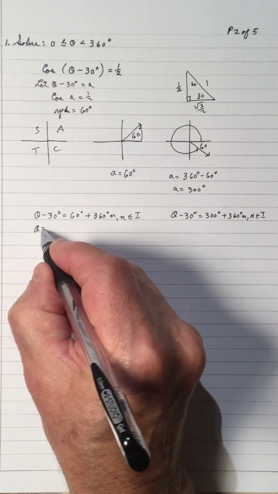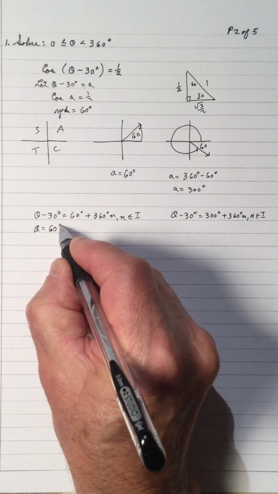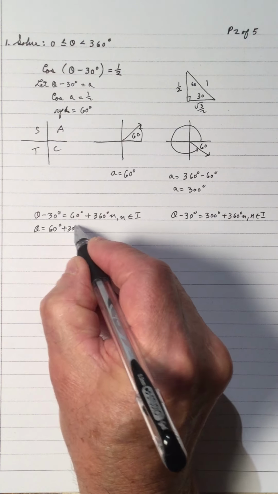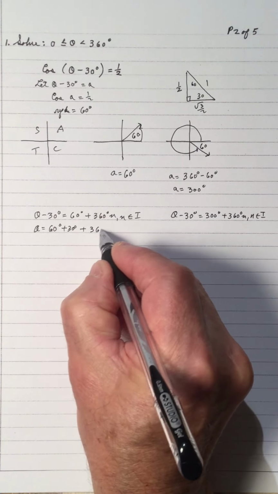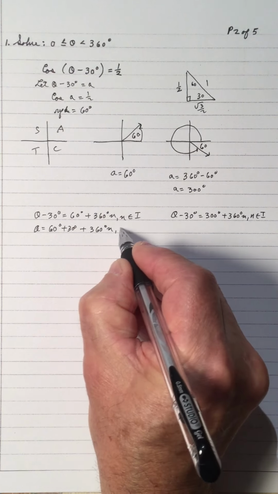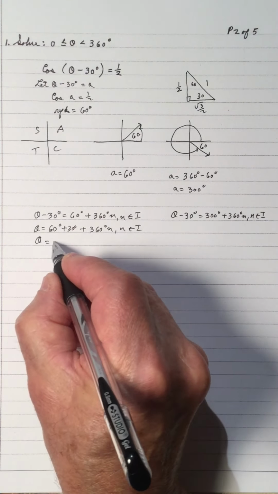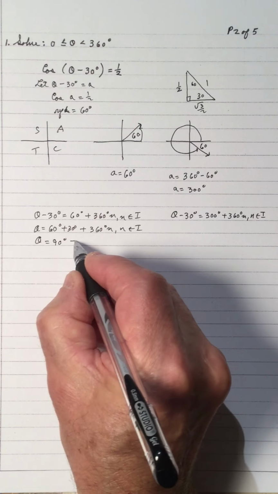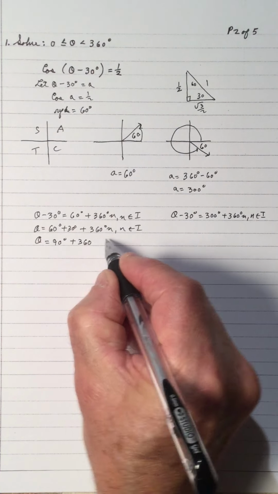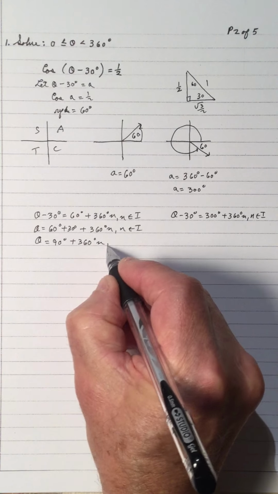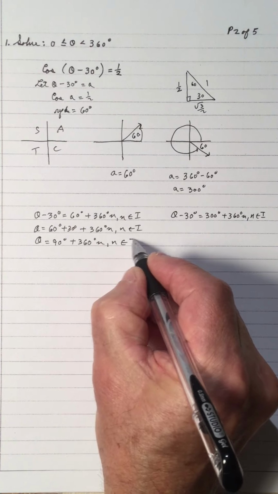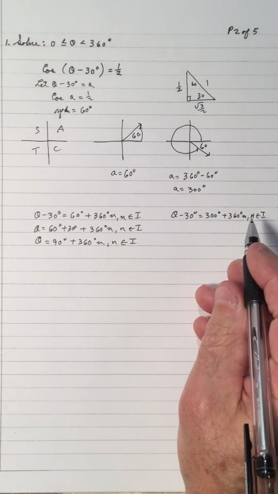So theta equals 60 plus 30, and we'll write down the rest of the statement here. Theta is 90 degrees plus 360 n, where n belongs to the integers.